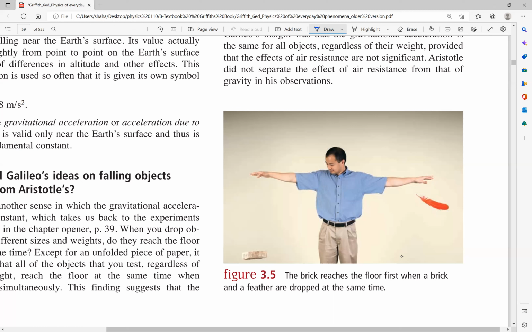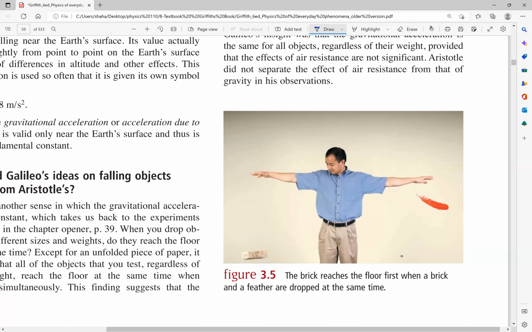And if you don't have air resistance, there is no difference between the two objects. I mean the hammer and the feather, or brick and hammer. If you drop these objects from the same height at the same time, they have the same velocity and they have the same time of falling. And that's the point.